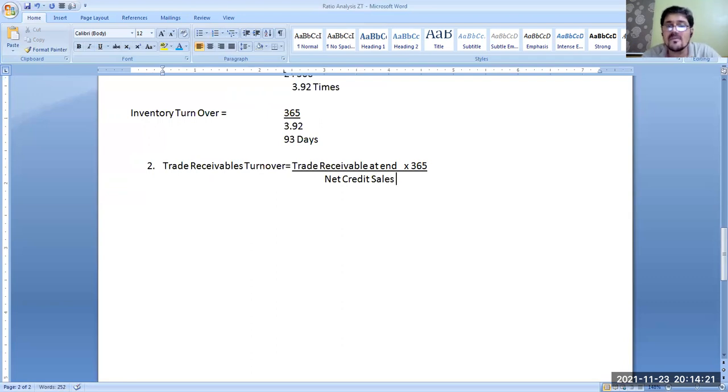Not cash sales, please be careful about that. Students can make a mistake here, because receivable turnover is linked with net credit sales, not the total sales, not the cash sales, only net credit sales.